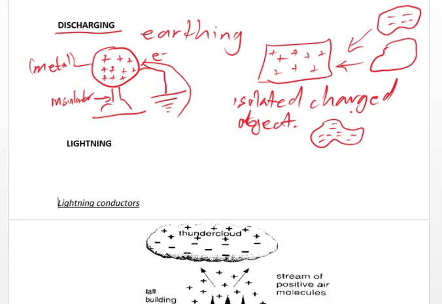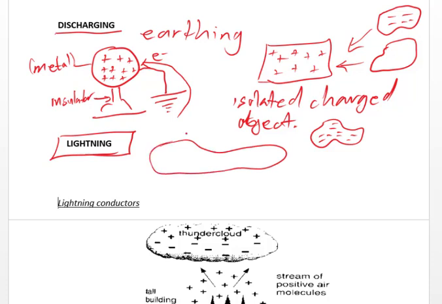Okay, now let's look at lightning. When you have clouds and they rub against each other, they can develop a very large charge on them. Many clouds rubbing against each other. Some might be negative.